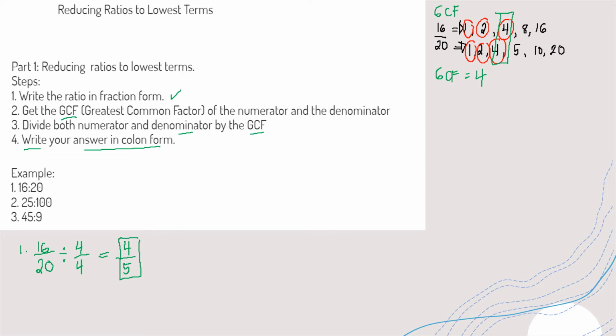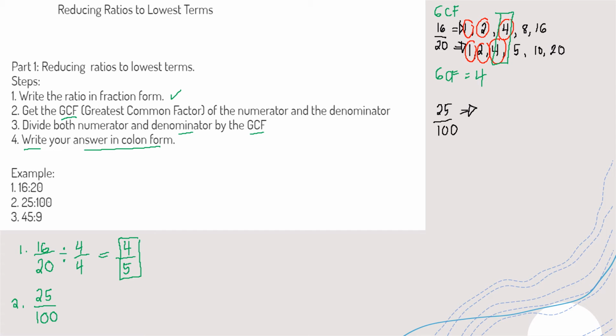Okay, let's now go to another example. Number 2: we have 25 is to 100. I will write it as 25 over 100, because that is the first step, we write the ratio in fraction form. Let us go back to our scratch portion. We'll now get the GCF of 25 and 100. This time, just for review, I will use the prime factorization method.